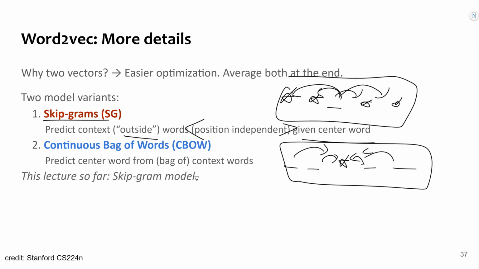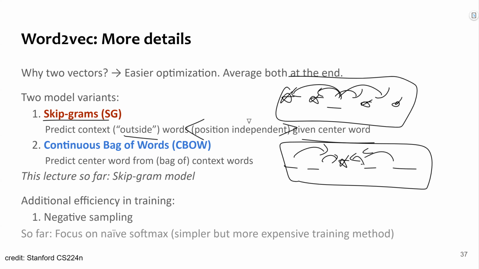This lecture so far talked about the skipgram model, and we can pursue additional efficiency in training. The first one is called negative sampling. So far we focused on naive softmax. It is simpler to implement.